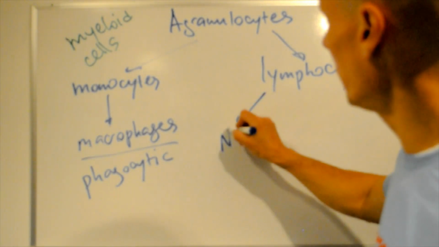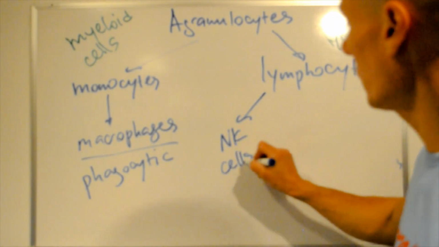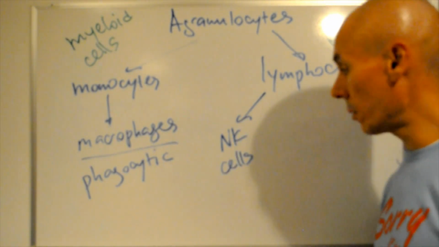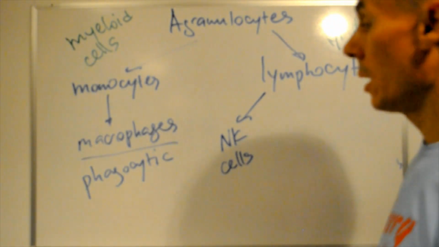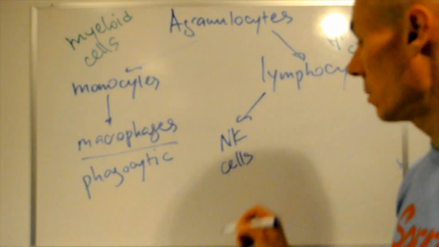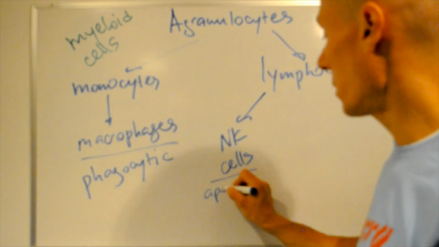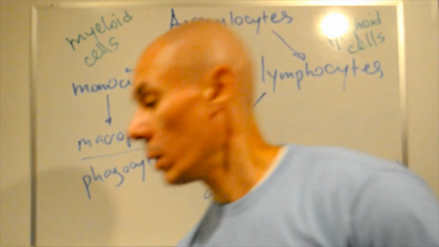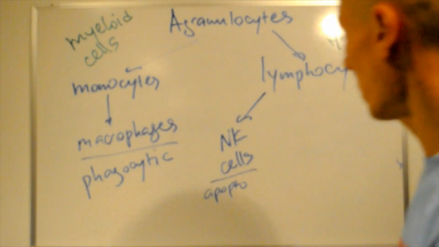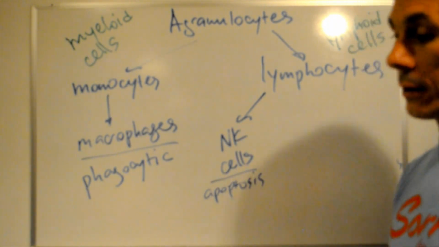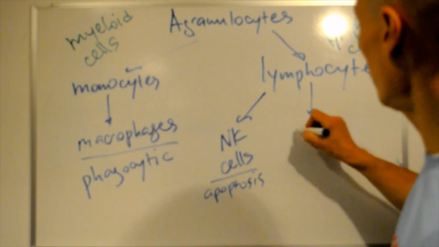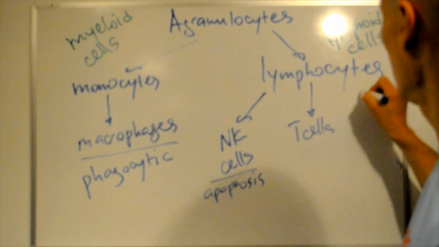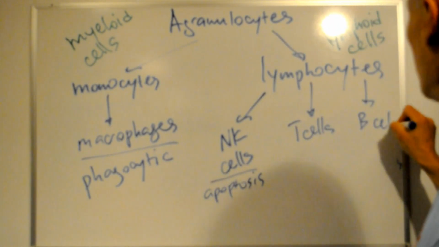Among lymphocytes, NK cells, we're going to talk about them later. Those are cells of the innate immune system. They can cause apoptosis of the cancerous or virus-infected cells. And then you have T cells and B cells.